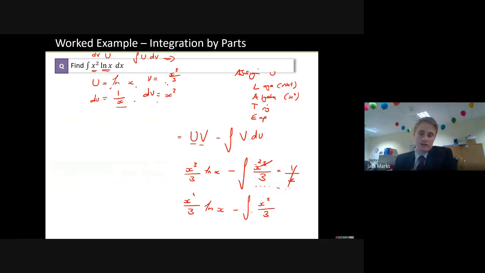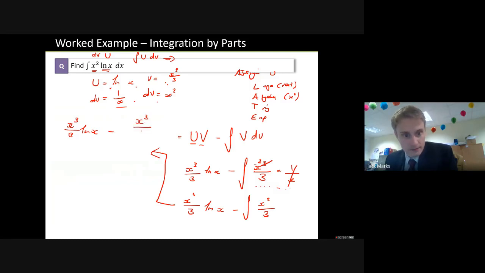And the x squared over 3 bit, which you still need to integrate, isn't too bad. Increase the power by 1 and divide by the new power. So x cubed over 3 natural log of x, minus x to the power 3 over 9, because I've now integrated that part. And that is my final answer.